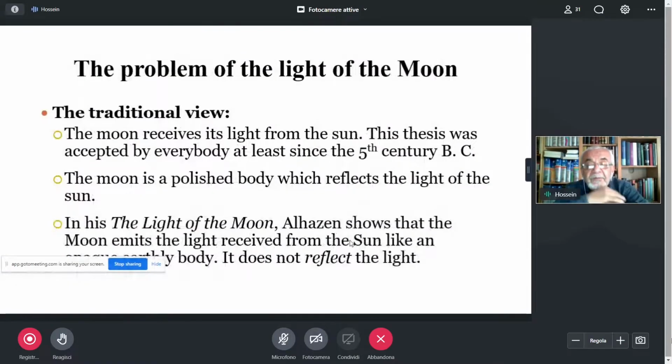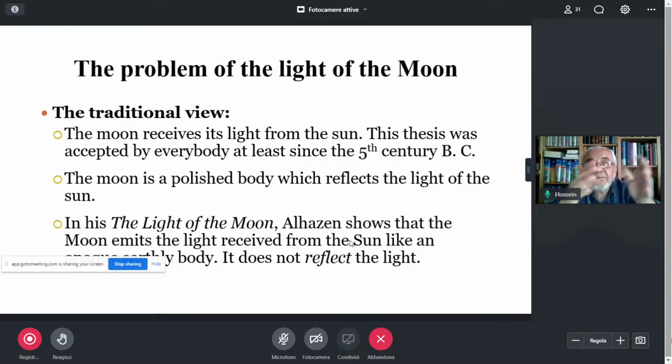On the problem of the light of the moon, there were two theses. The first thesis was known at least from the 5th century BC, and it said that the moon is not a luminous body. It receives its light from the sun.